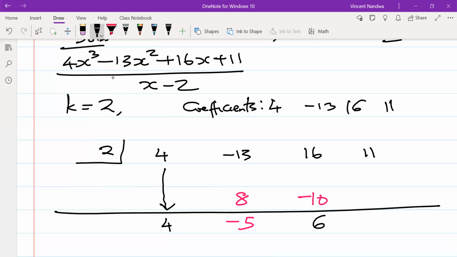The next step. We take 2 multiplied by 6. Get 12. Are you subtracting? What happens to k times the number you put in the third row? Once you get this 12, what are we doing?